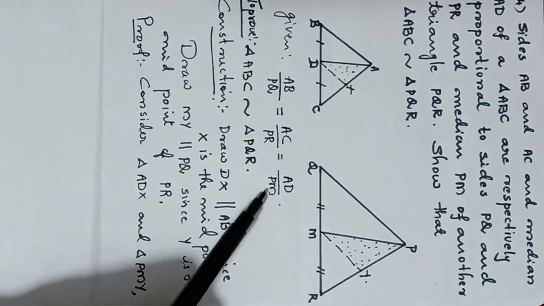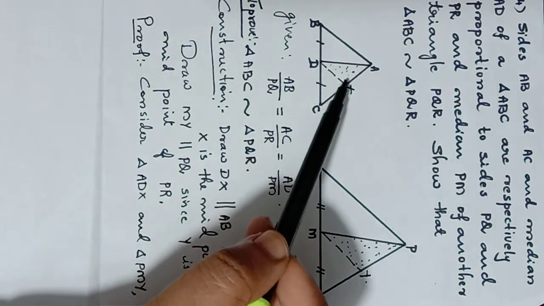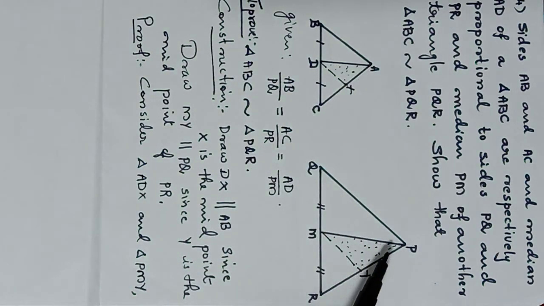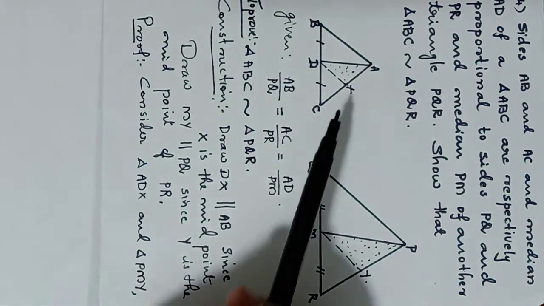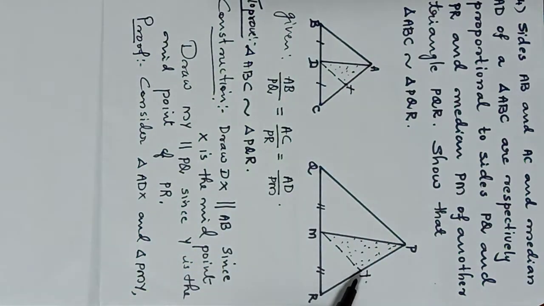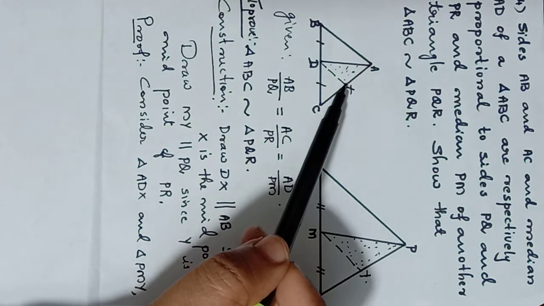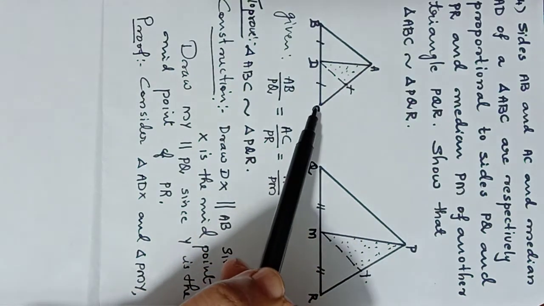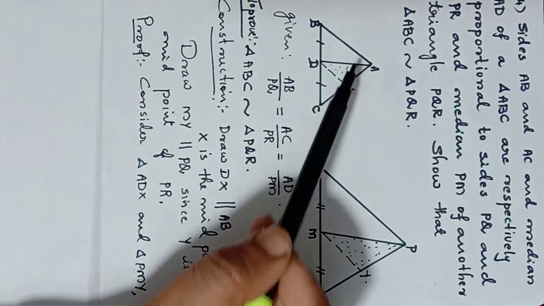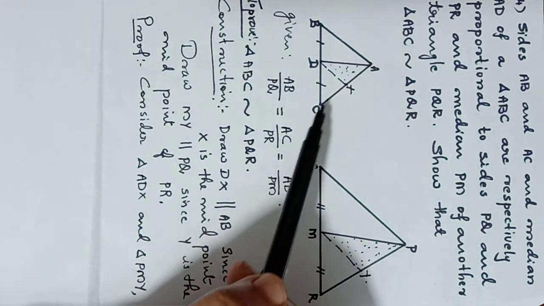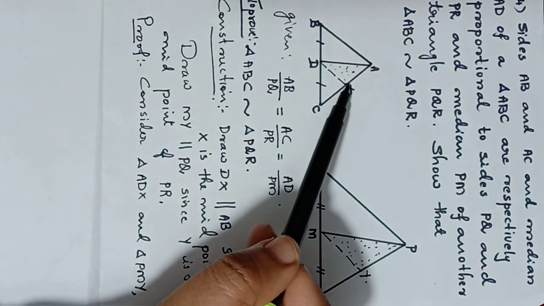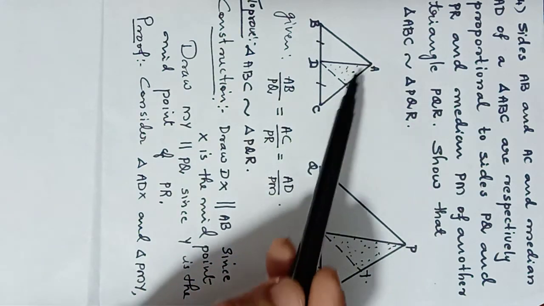So one ratio is available for these triangles, AD by PM. Now we have to get AX by PY. What is the relation of AX with AC? Isn't it half of AC? AX is half of AC, because X is the midpoint, we have considered X as the midpoint.